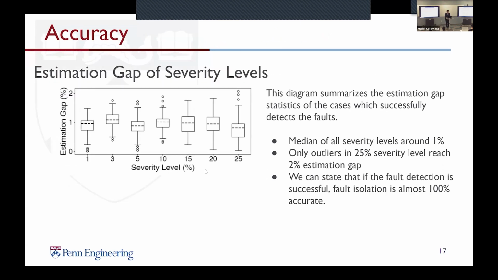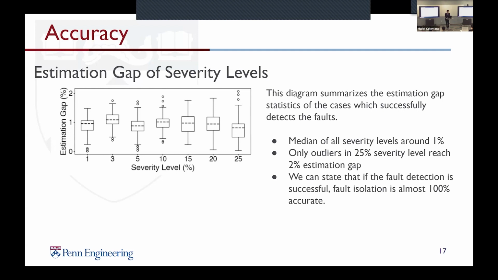And to dive further into this accuracy question, let me show you the estimation gap of the severity levels we have collected from the experiments. This diagram summarizes the estimation gap statistics of the cases which successfully detect the faults. It doesn't include the situations where our algorithm is not able to detect the faults.